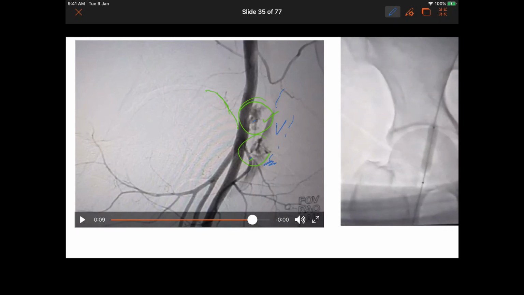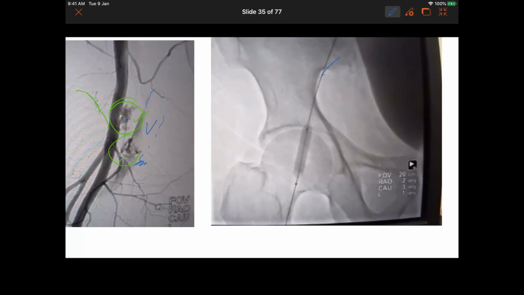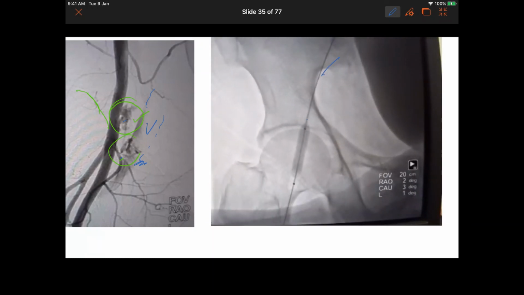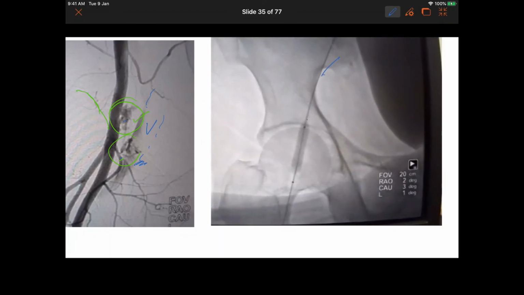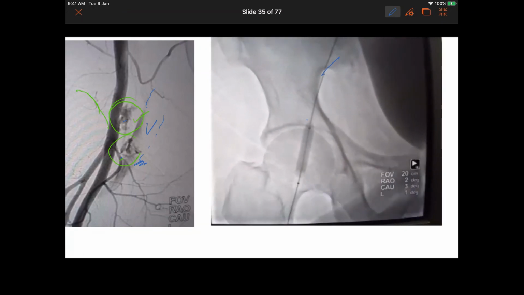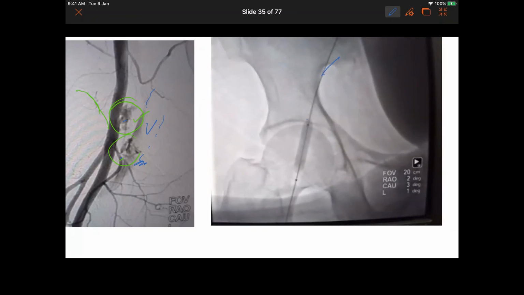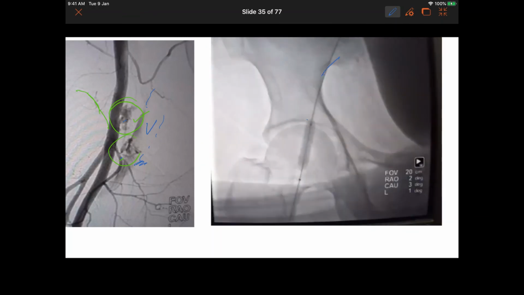And this patient was taken for internal tamponade. You can see here that a wire has been crossed from the other side and a balloon is inflated. Usually the common femoral and SFA, if you ask me the usual size, normally range from 5 millimeters to 7 millimeters or so. So a 6 millimeter balloon or even a 5 millimeter balloon will be sufficient to create an internal tamponade. The trick is that it should be a low pressure dilatation so that it creates local sluggishness in the flow.